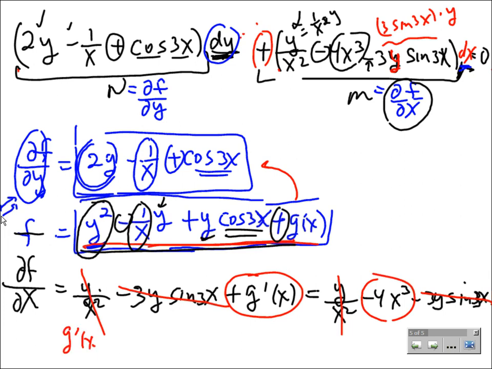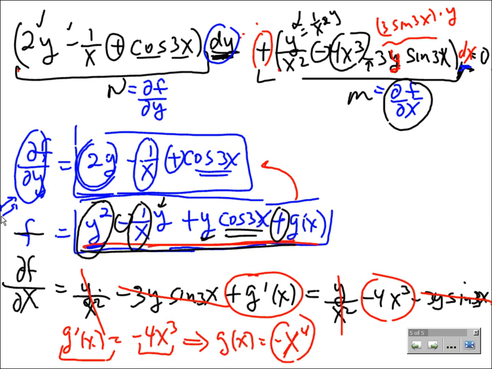G prime of x is negative 4x cubed. Integrating the left side gives me g of x. Integrating the right side, I get negative x to the 4th. If you don't believe it, just take the derivative of that and say, yeah, it's negative 4x cubed.